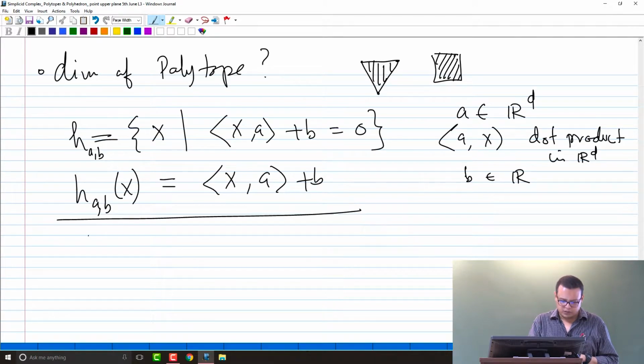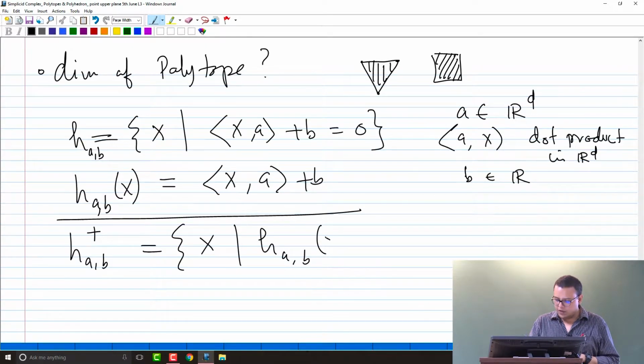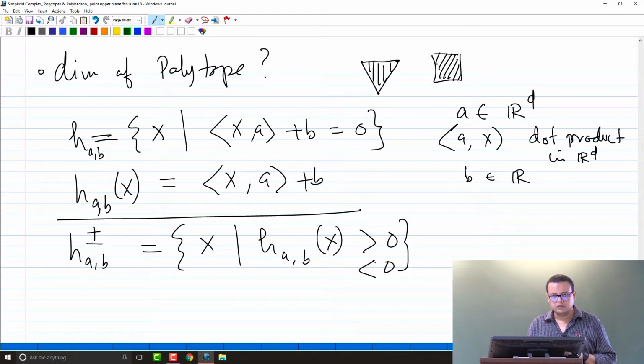Then similarly you can define H_{A,B}^+: all x such that H_{A,B}(x) is greater than 0. Similarly, you can define minus as less than 0. They are defining sides, open sides.